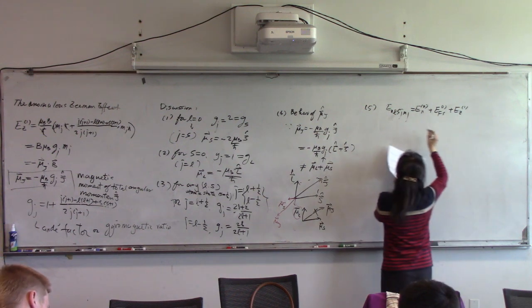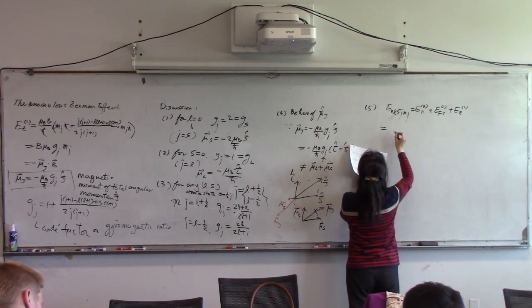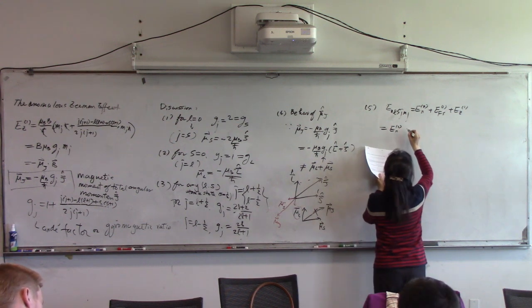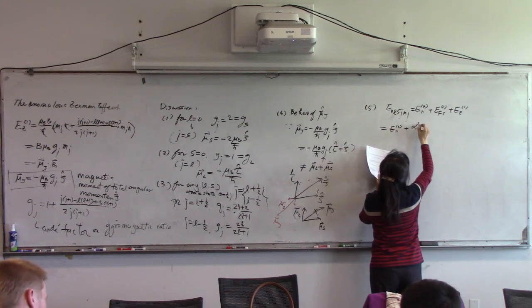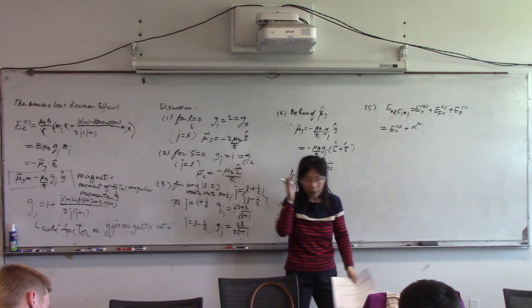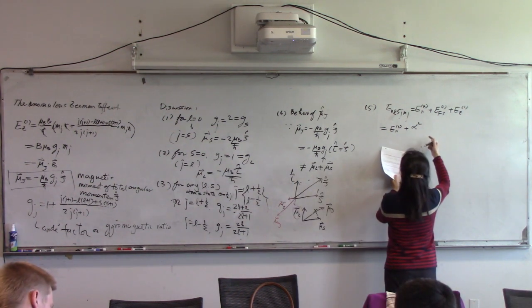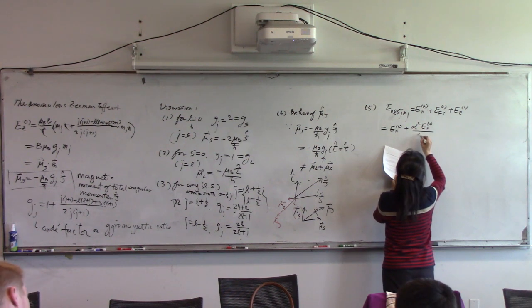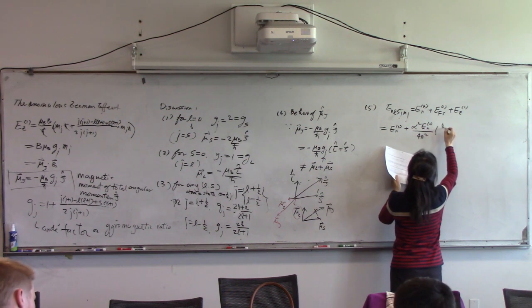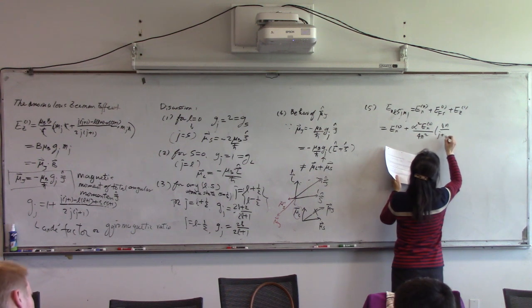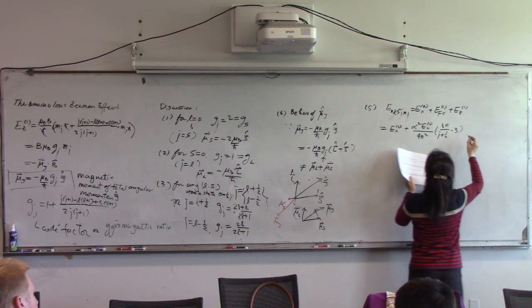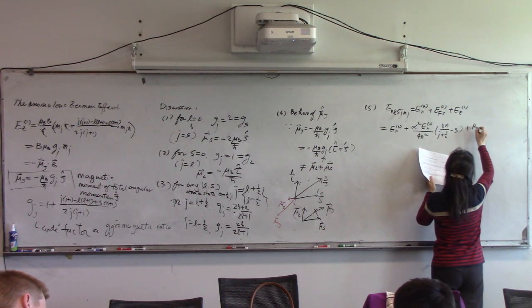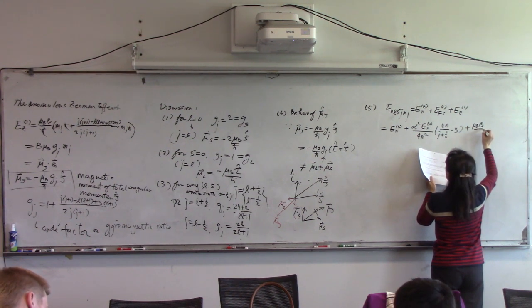If you remember, let's still use E naught. Plus the fine structure, remember alpha, the fine structure constant, alpha squared. So that is the order of this, multiplied by E naught divided by 4n squared, 4n over j plus half minus 3. And then this is the contribution from the Ez, which is mu B, B.